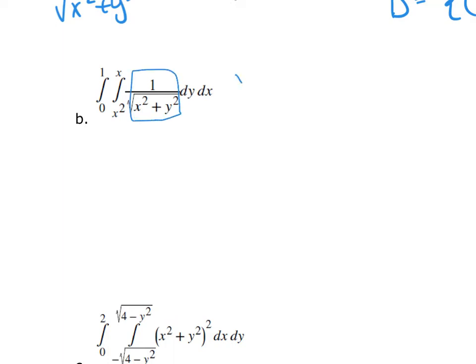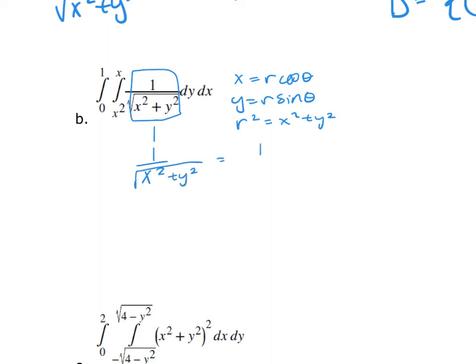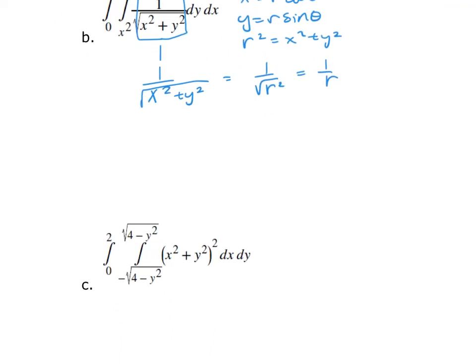Again, x is equal to r cosine theta, y is equal to r sine theta, and r squared is equal to x squared plus y squared all day long. The easy peasy lemon squeezy part is this replacement: 1 over the square root of x squared plus y squared is 1 over the square root of r squared, which is 1 over r. Easy peasy lemon squeezy.